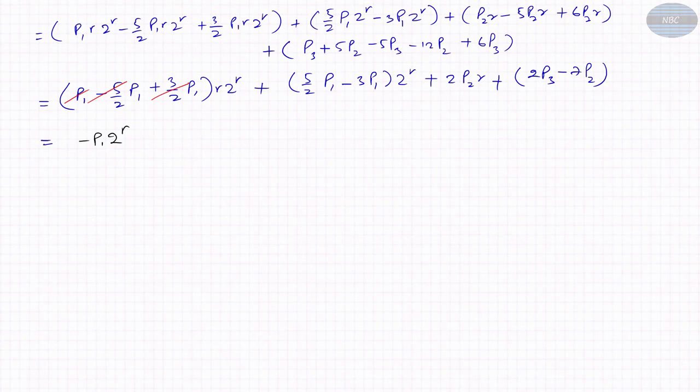Here 2 will be the LCM, 5 p1 minus 6 p1 is equal to minus p1 divided by 2 into 2 to the power r. Okay, plus 2 p2 r plus 2 p3 minus 7 p2.